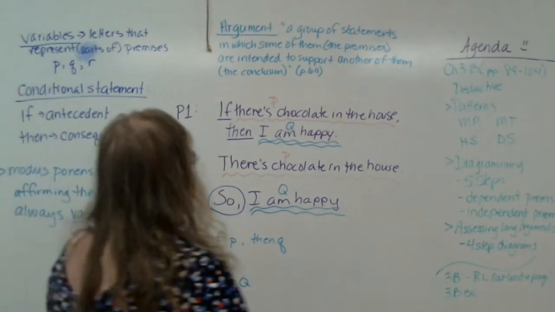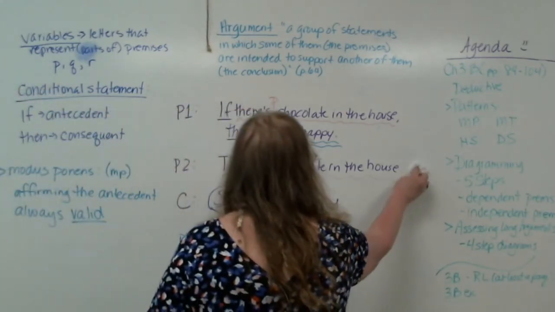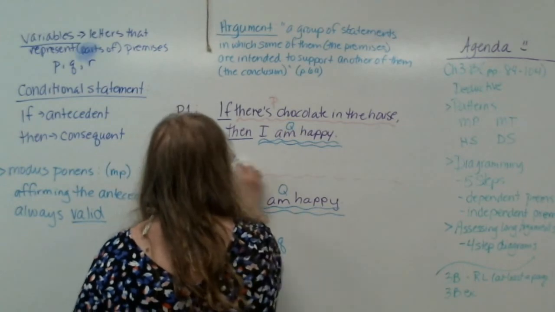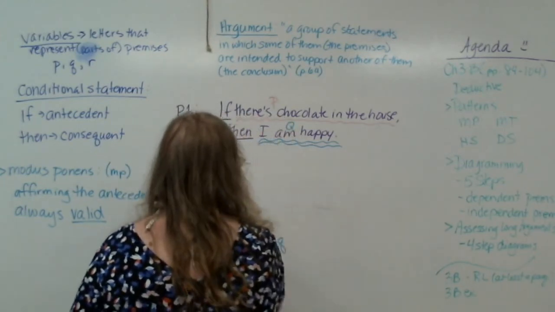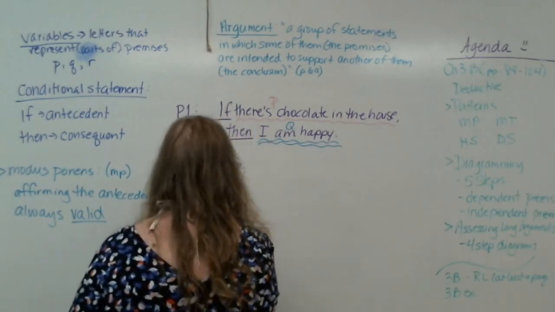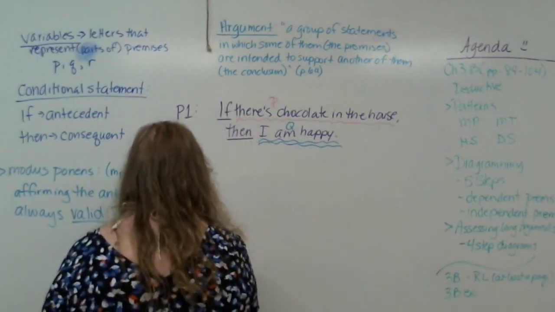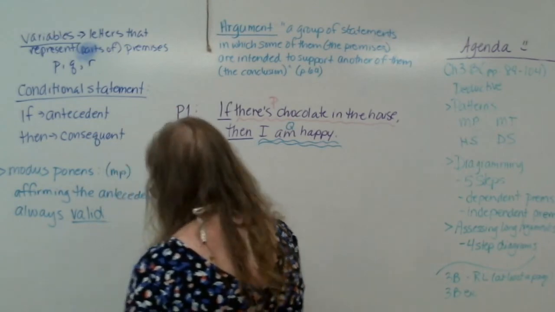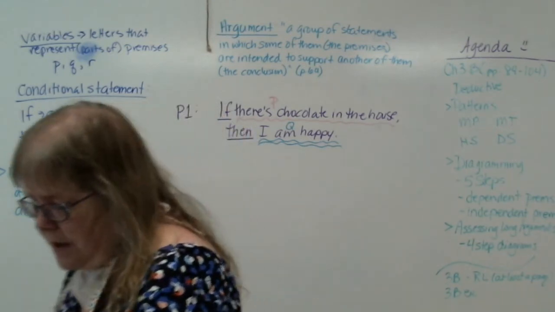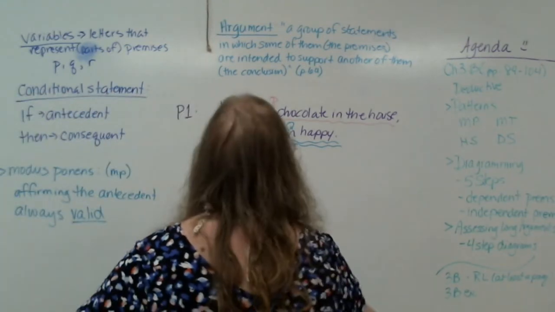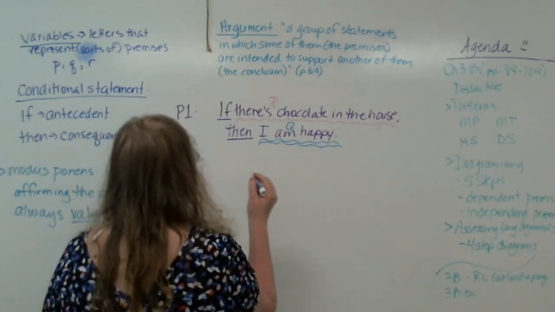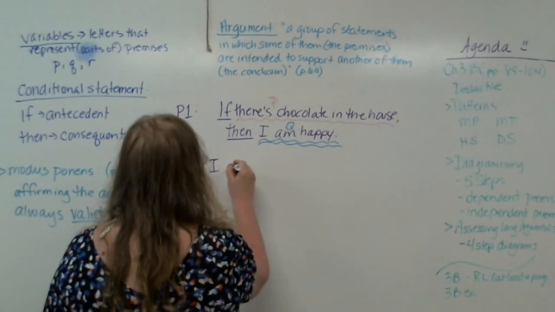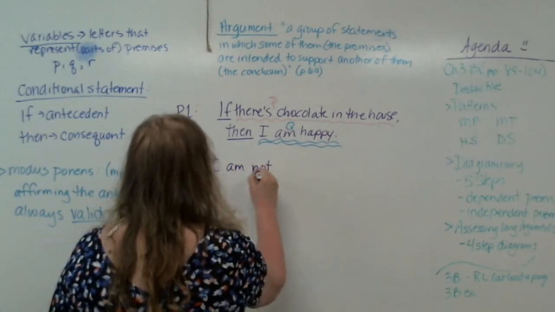I'm going to leave my same antecedent there, my same conditional. I'm going to change some things. Come back to the purple pen. Premise 2, in this case, says, I am not happy.